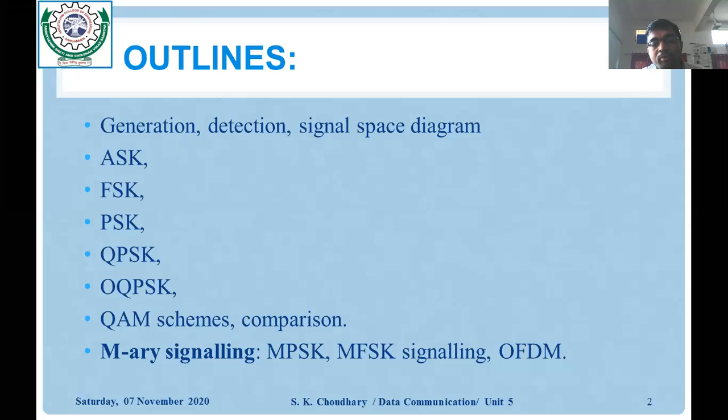At the end we will also learn about M-ary signaling, meaning more than 2 levels, that is MPSK, MFSK signaling, and finally OFDM. These are the main topics that we are going to cover.